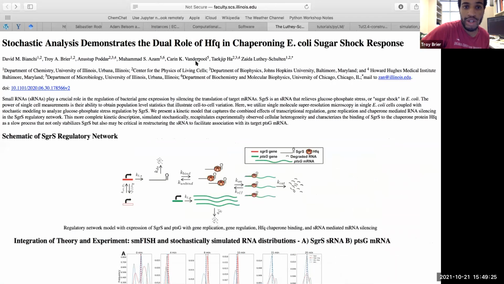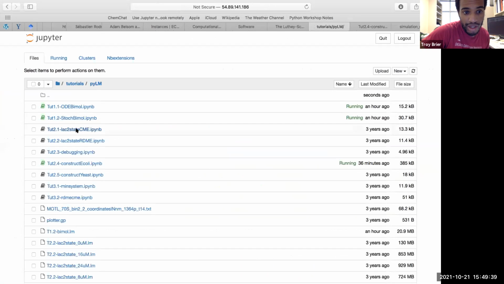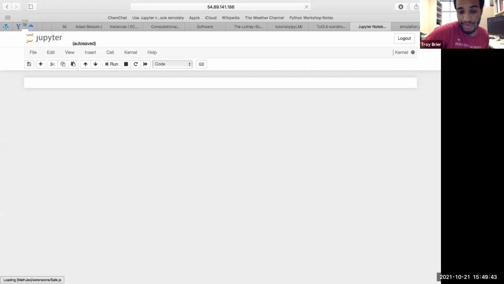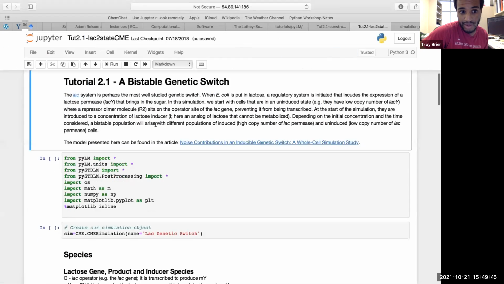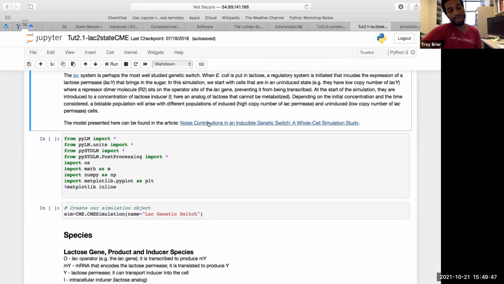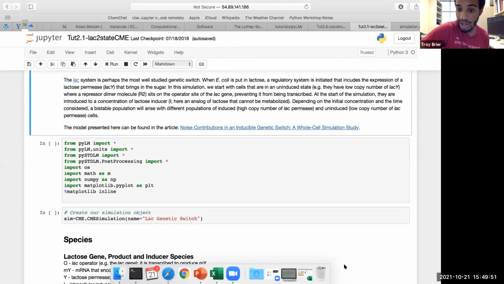In those tutorials, you saw simplified versions of some applications that we've done, and a lot of them have publications. Like in the Lattice state, it'll link you to a publication, and I can quickly show that if I open it. You can get to this publication, which is what all of this tutorial is based on.